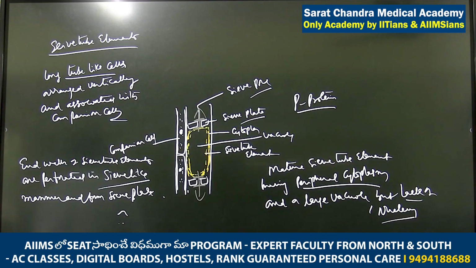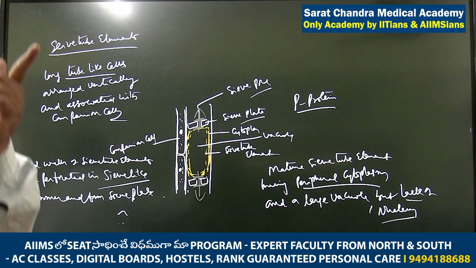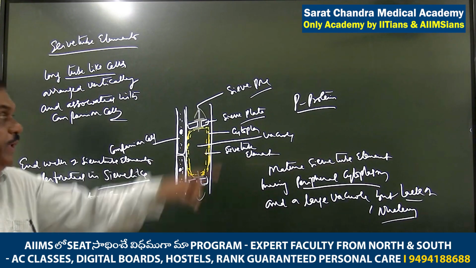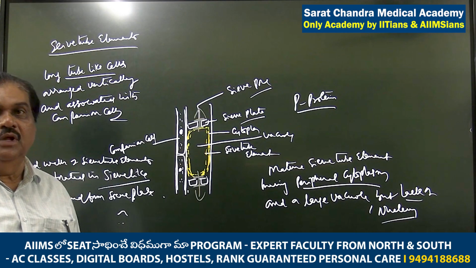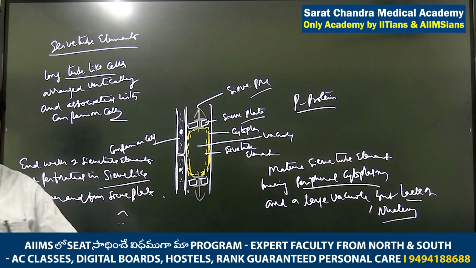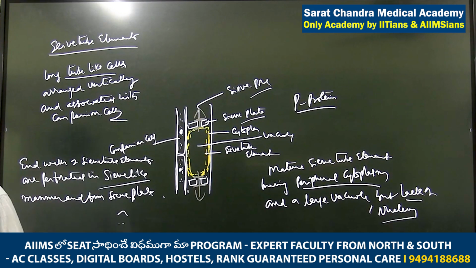When these cells show injury, P protein is secreted that completely blocks the sieve pores of the sieve plate and obstructs the conduction of food materials.